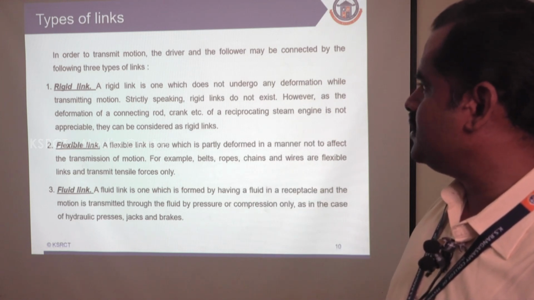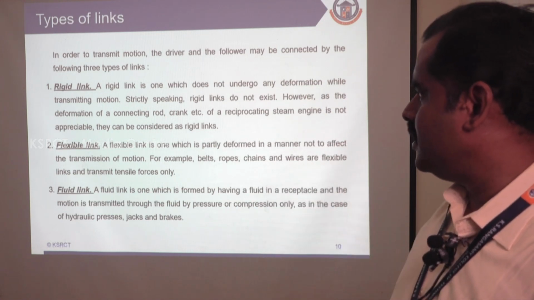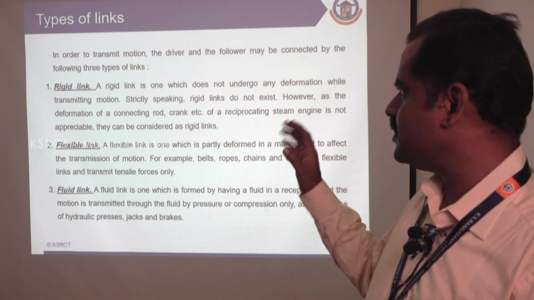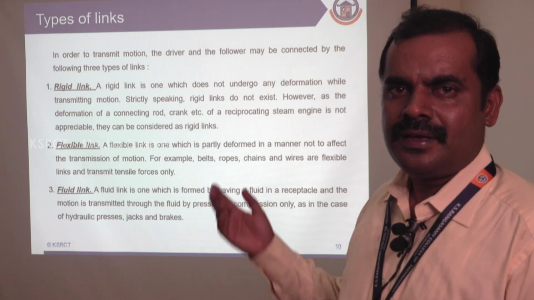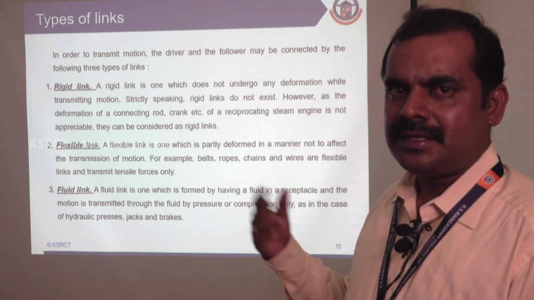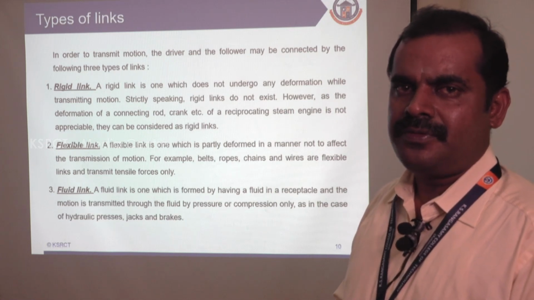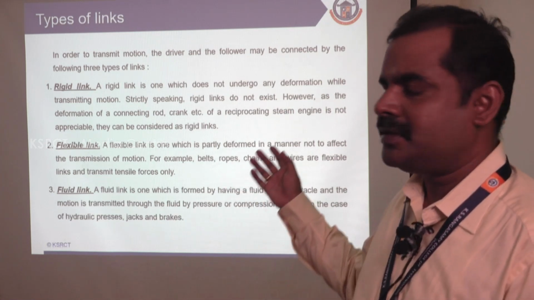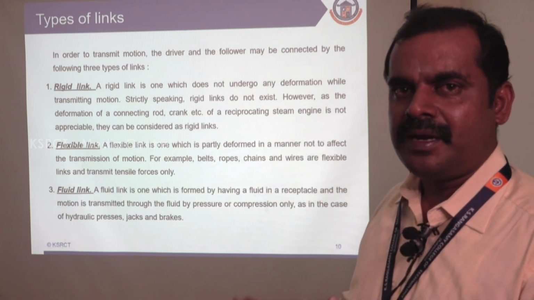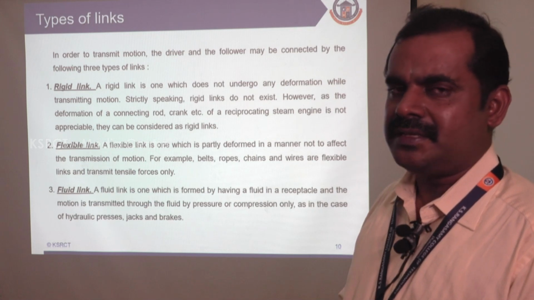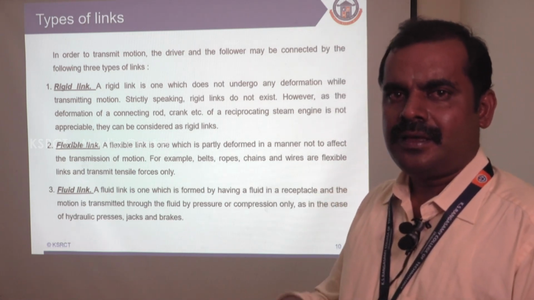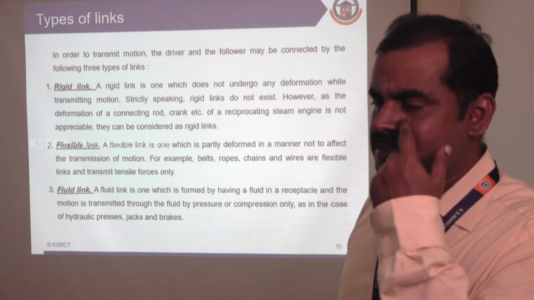Another classification of links is rigid link, flexible link and fluid link. A rigid link means, as far as machine tools are concerned, we use this type of rigid links. For example, a piston, connecting rod, crank and some other machine parts. A shaper head is also a rigid link. Flexible links, for example belt, rope and chains, are flexible elements which transfer rotary motion from one shaft to another shaft.